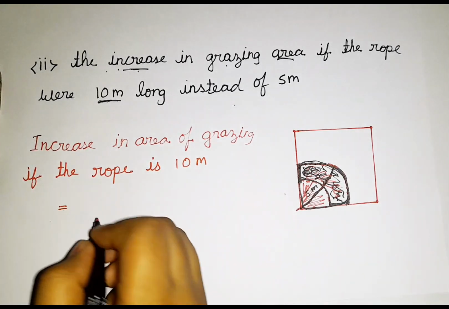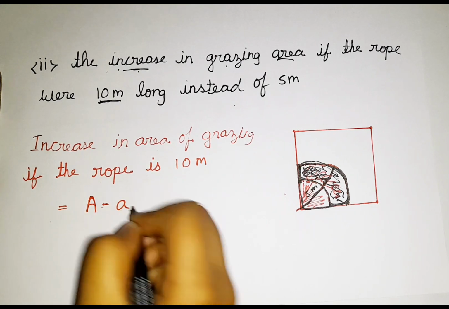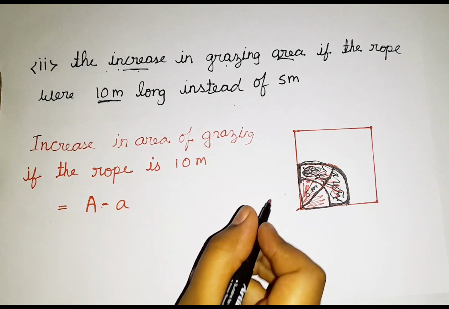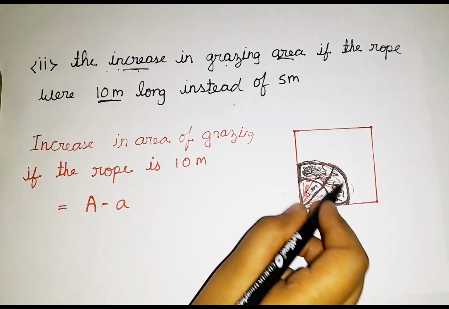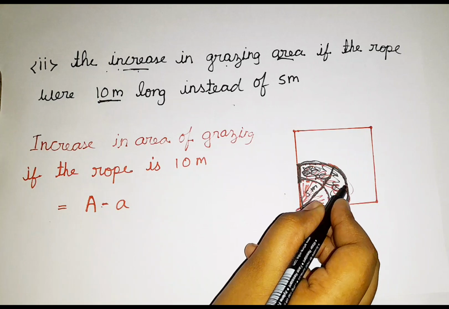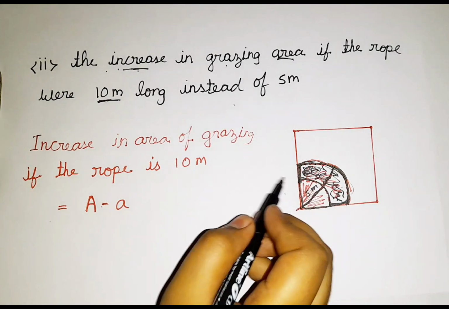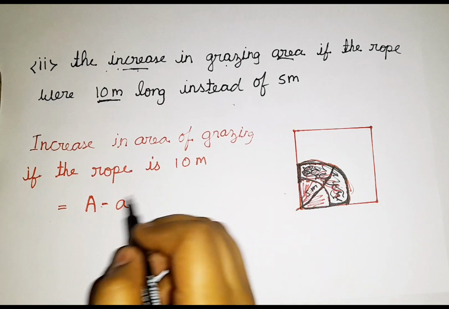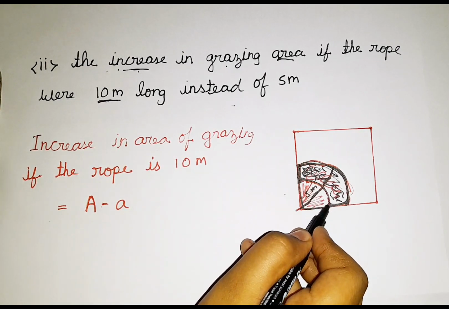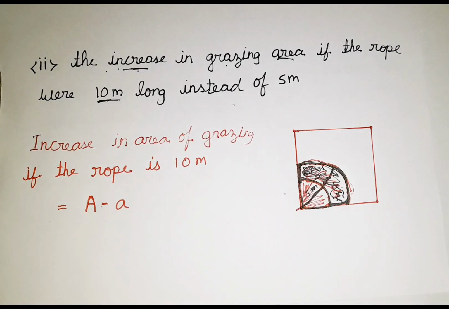We are supposed to subtract the big area minus the small area. Big area means the big sector, and I mention it in capital A since we are finding the area. We subtract the small area, that is the small sector. This is what we are supposed to do.